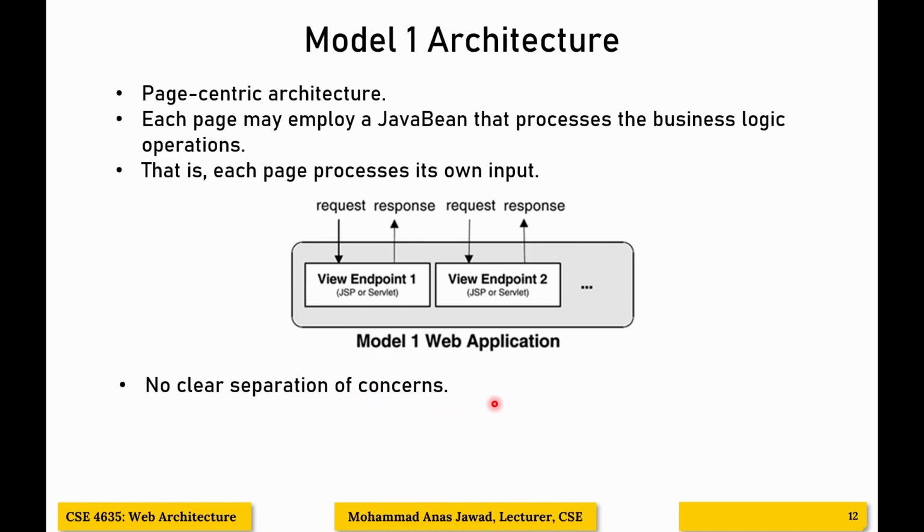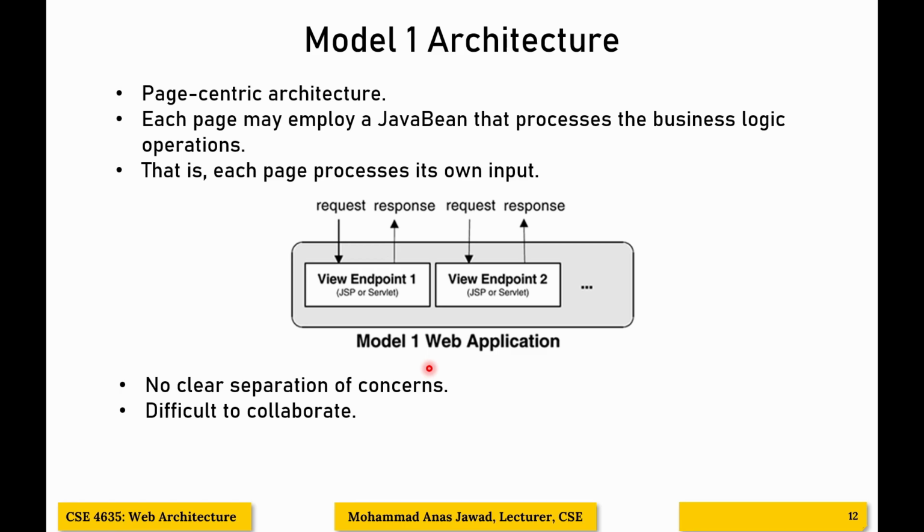So no clear separation of concerns leads to another problem, which is that it is difficult to collaborate. So suppose you have hired a developer to work on the presentation logic, and you have hired another developer to work on the business logic. But since both of this presentation and business logic are on the same layer, one of the developers will have to sit while the other developer works on that layer, and then the second developer can take over, right?